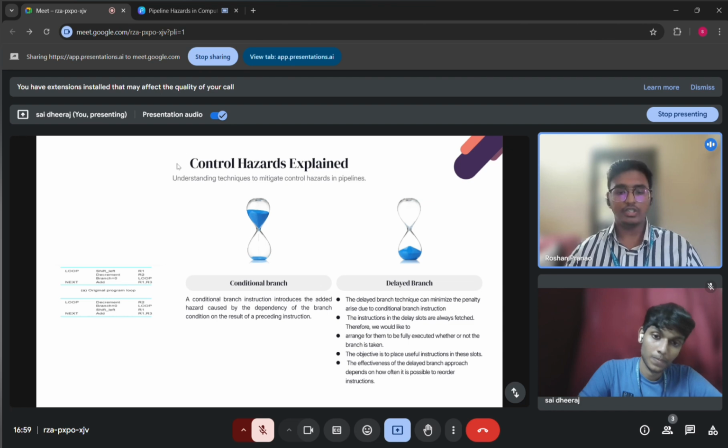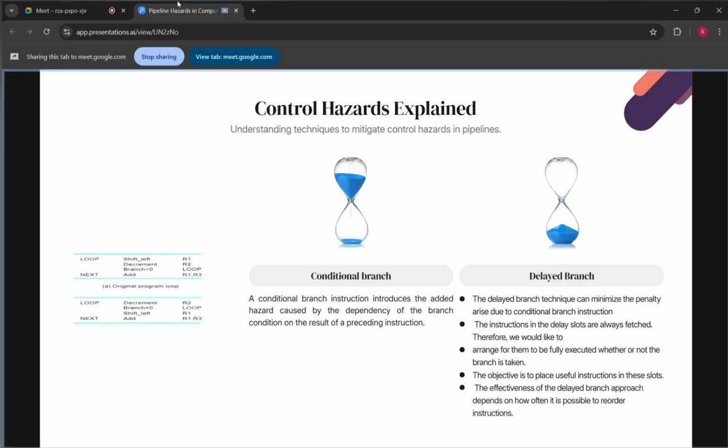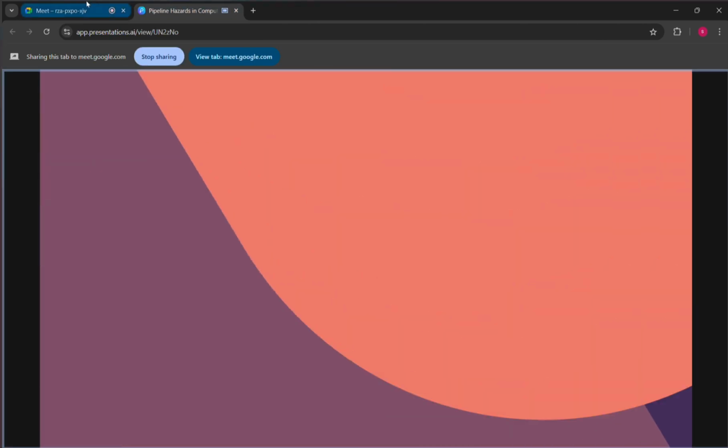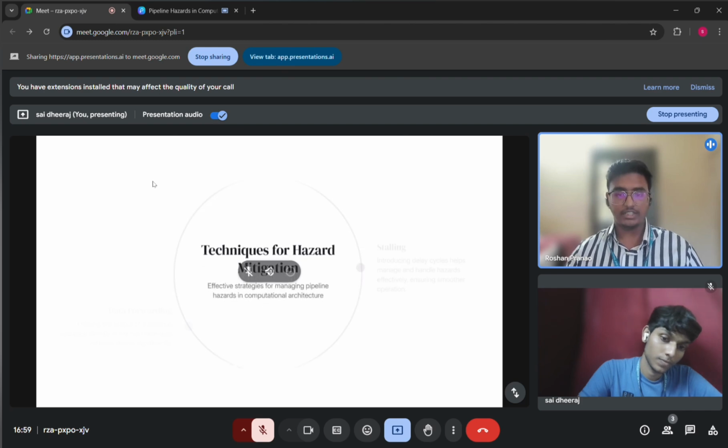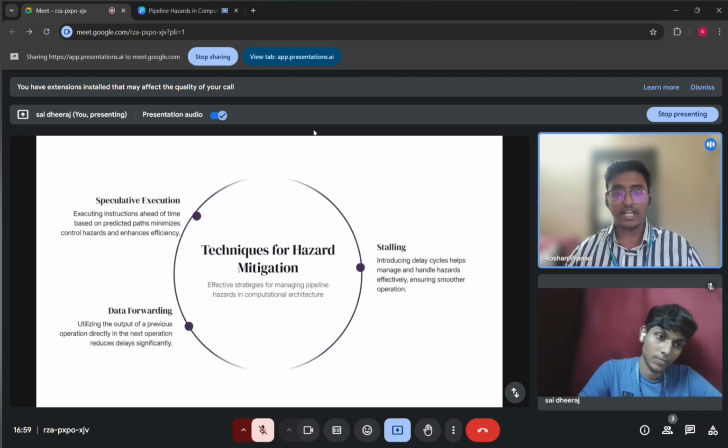So moving on to the next slide, we can see the techniques for hazard mitigation, like the effective strategies for managing these pipeline hazards in computer architecture. Starting with the first one, speculative execution. Executing instructions ahead of time based on predicted paths reduces the control hazard and enhances the efficiency. The second one is stalling.